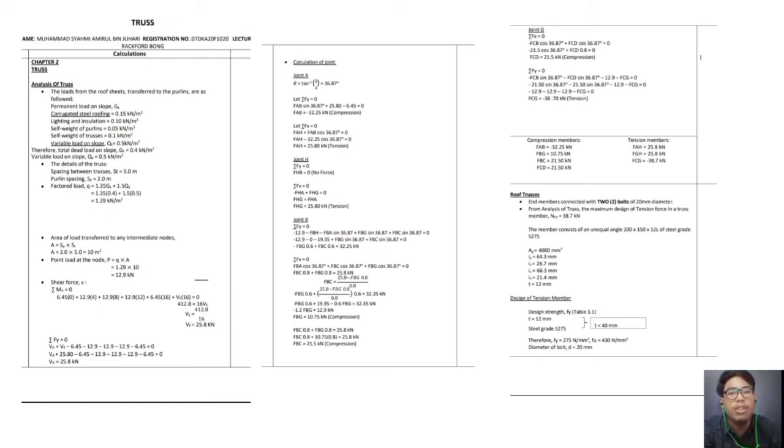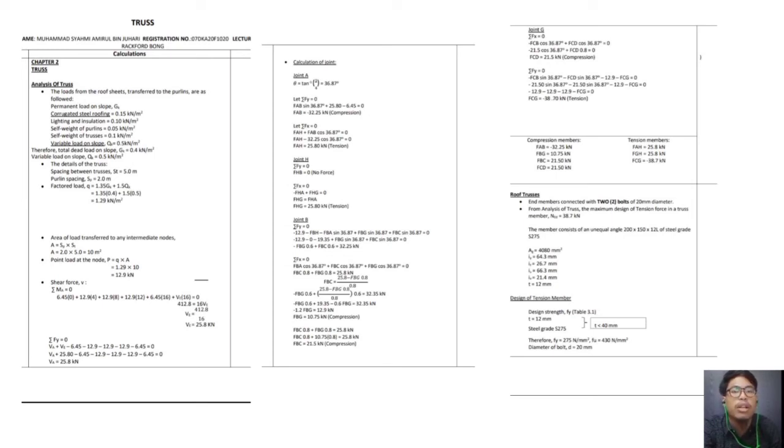The detail of truss: spacing between trusses is 5 meters, while purlin spacing is 2 meters. For the factored load, q equals 1.5 Gk plus 1 Qk.